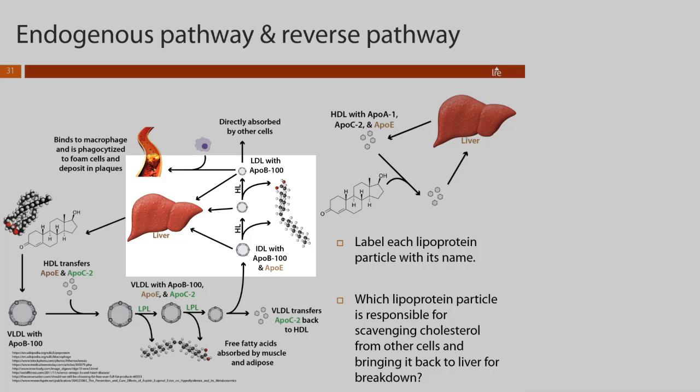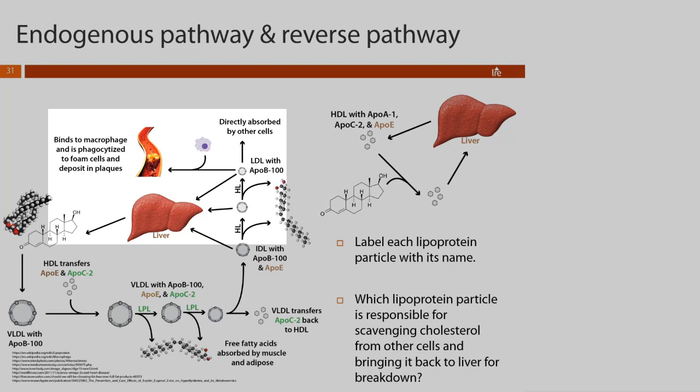Just like LPL did before, hepatic lipase is going to hydrolyze triglycerides into free fatty acids that can be absorbed by skeletal muscle and by adipose tissue. Once this happens enough and the triglyceride content gets low enough, ApoE is then going to dissociate and go back to an HDL. So at this point, we have a new remnant, and this remnant is going to be an LDL, a low density lipoprotein.